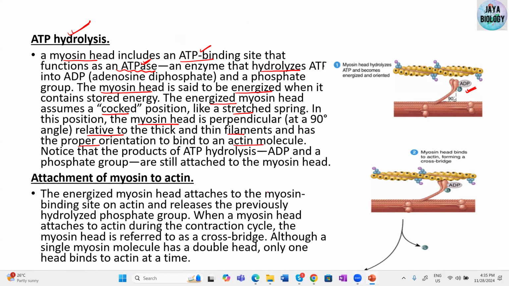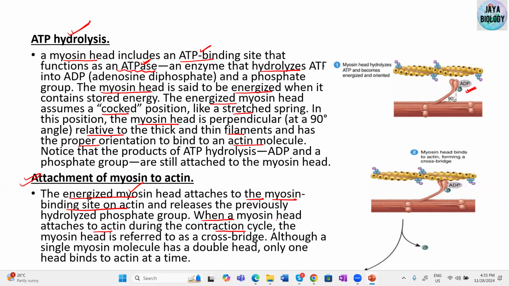Up till here clear? Next is attachment of myosin to actin. This energized myosin head will attach to the myosin binding site on actin. Is it clear? When the myosin head binds, the contraction cycle will start.